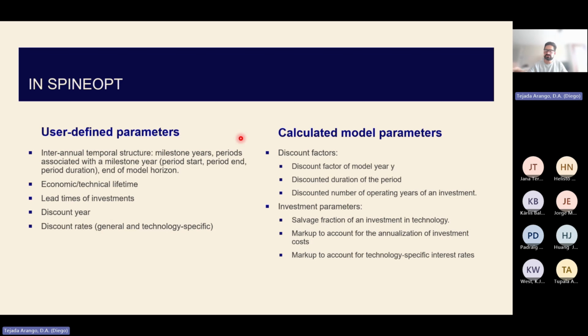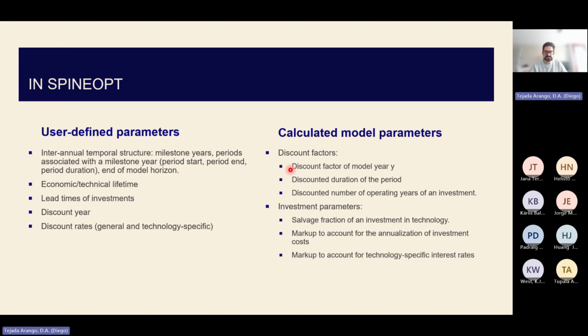And then all those things that I was mentioning are calculated in SpineOpt, meaning that all this information is the basic input data. And then if you activate this, if you want to work with these calculations, SpineOpt does that for you.